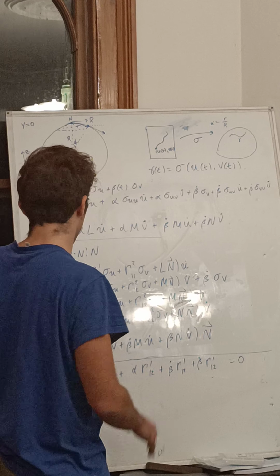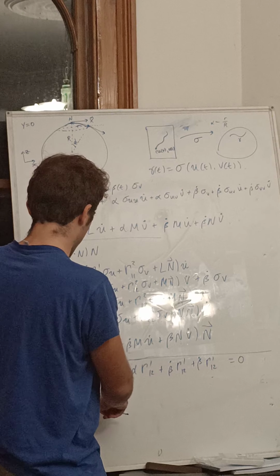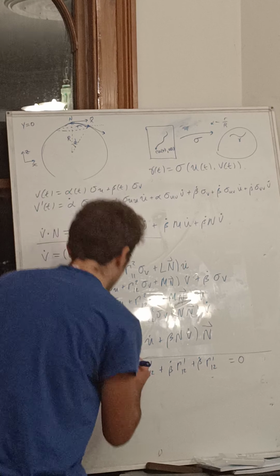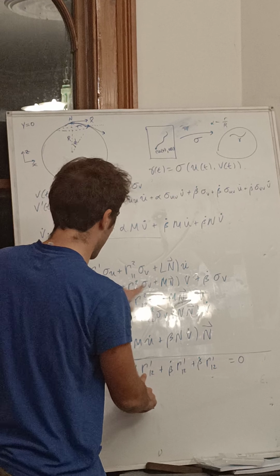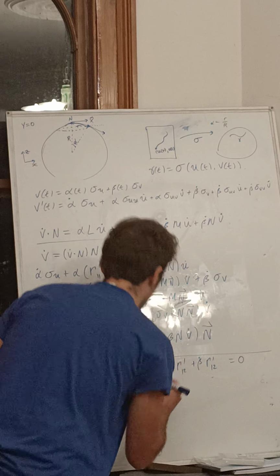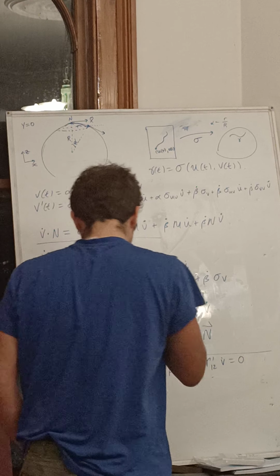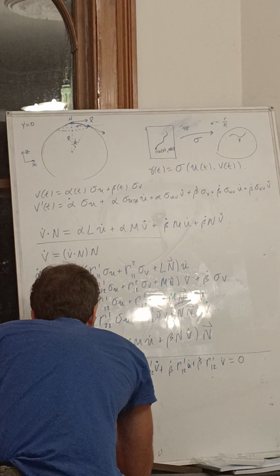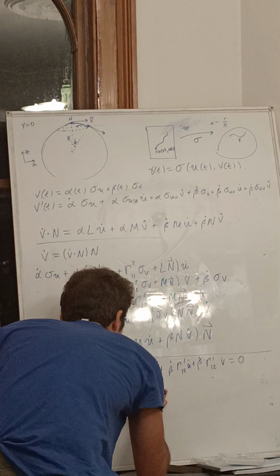Okay, right, so sigma u, we got alpha dot here, alpha, this Christoffel symbol, sigma u times u dot, and then alpha, this Christoffel symbol, sigma u v dot, and then same thing going on here. So if I wish, I can factor out an alpha to get me this.